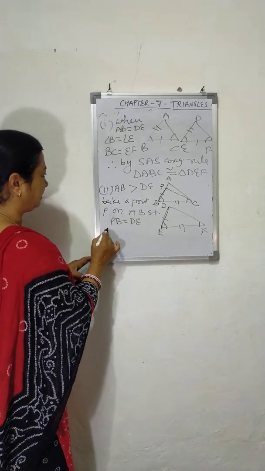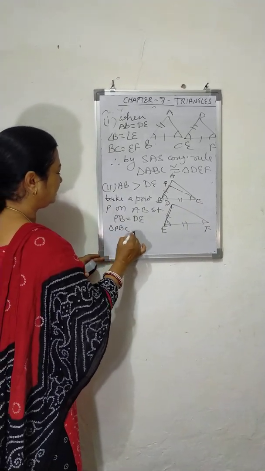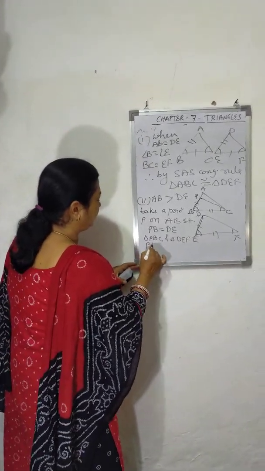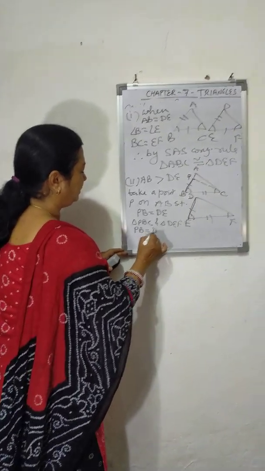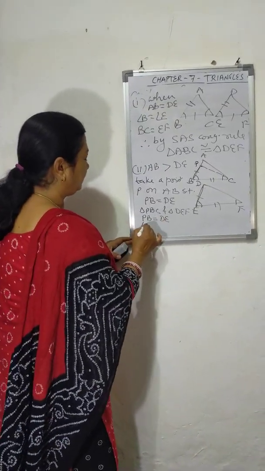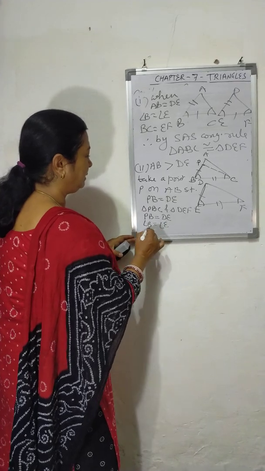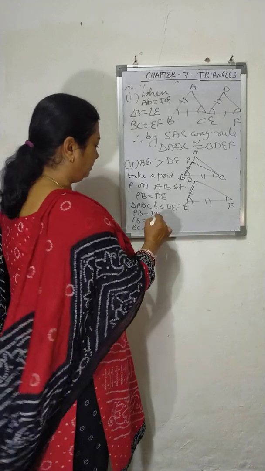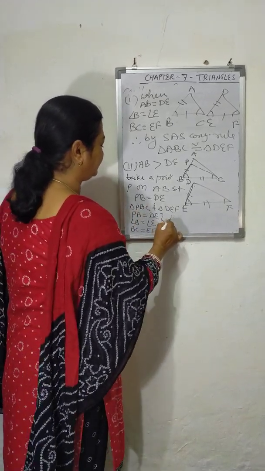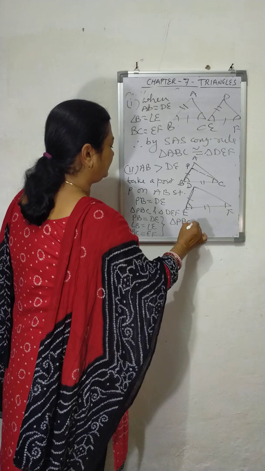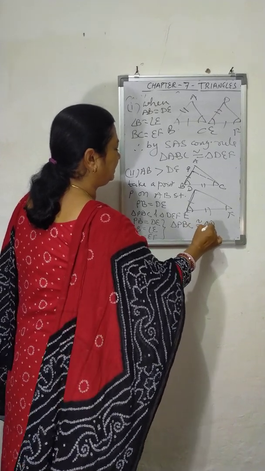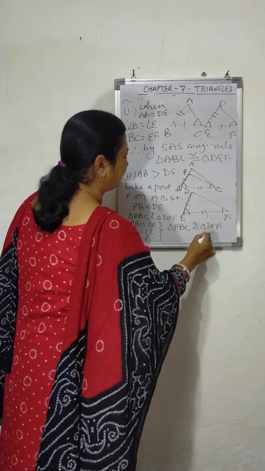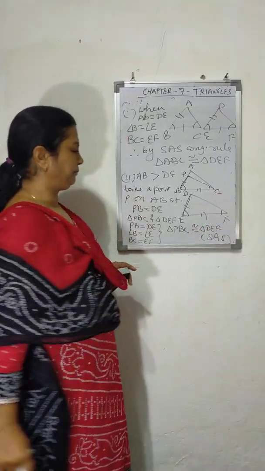Now take triangle PBC and triangle DEF. PB is equal to DE, angle B is equal to angle E, and BC is equal to EF. So using these three conditions, we can say triangle PBC is congruent to triangle DEF by the SAS congruence rule.